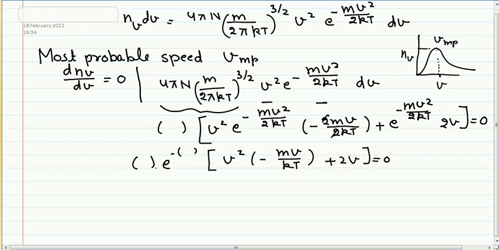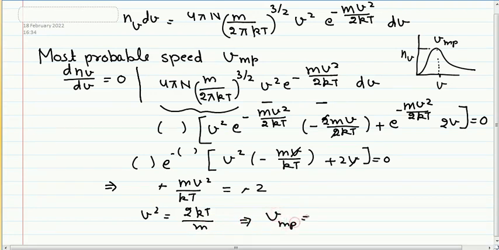So if we put all these terms on the other side, then this will become 0 and we are left with this v, and v will also get cancelled, and then we have only minus mv square by kT and then minus 2 will go on the other side, so this will be minus 2, so minus again gets cancelled, and then we have v square is equal to 2kT upon m, or v most probable is equal to under root 2kT upon m.